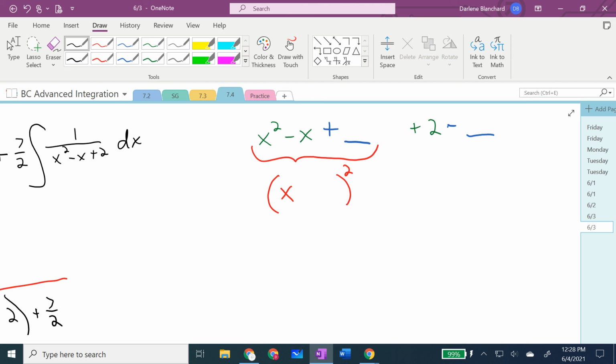Then I go through the work of the middle term is negative 1, divide by 2, and square that number. And I've already factored, and now I just need to do 2 minus 1/4. That's going to give me 7/4, and I'm adding it.